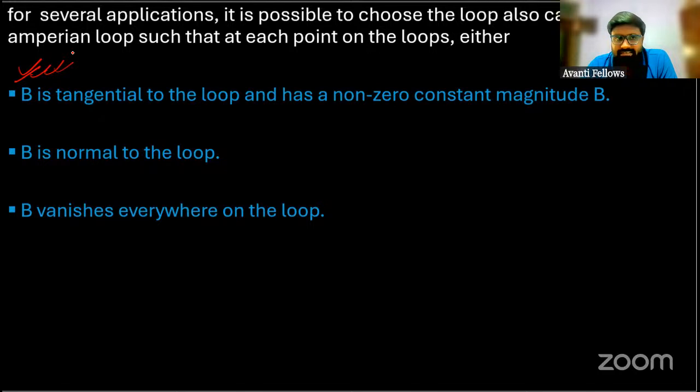First, if B is tangential to the loop that we are choosing and has a non-zero constant magnitude. Second case is if B, the magnetic field vector, is normal to the loop; in that case you can apply it easily. And third is if B vanishes everywhere on the loop, there is no B present.